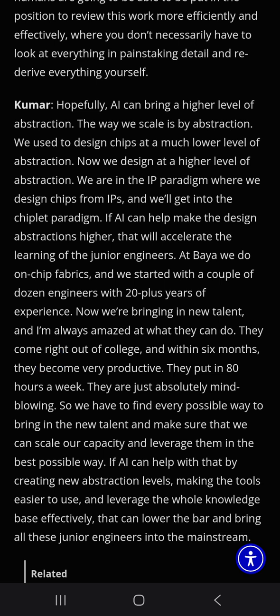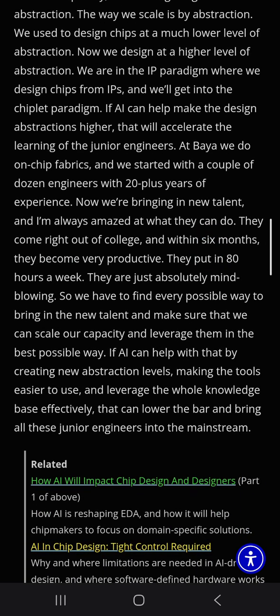They come right out of college, and within 6 months they become very productive. They put in 80 hours a week. They are absolutely mind-blowing. So we have to find every possible way to bring in new talent and make sure that we scale our capacity and leverage them in the best possible way.